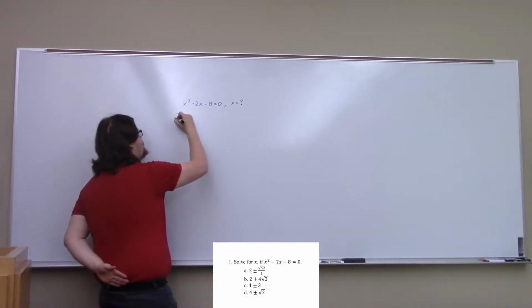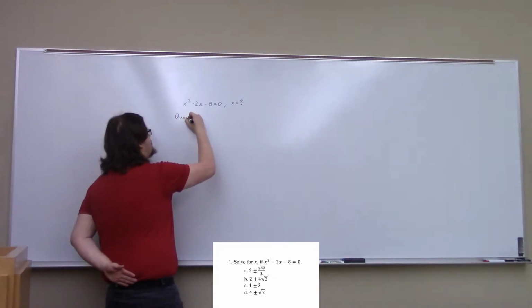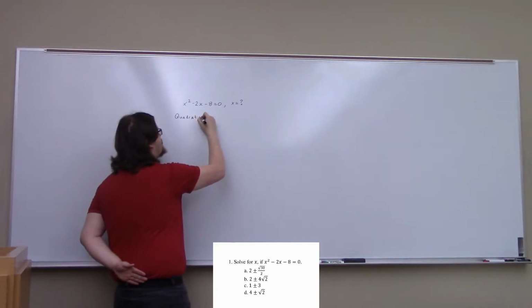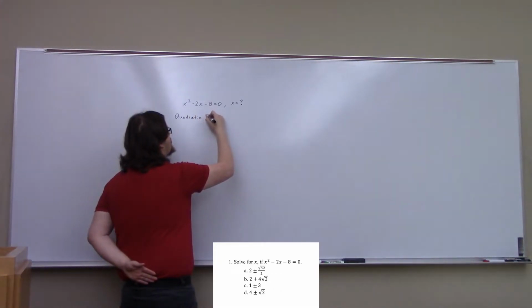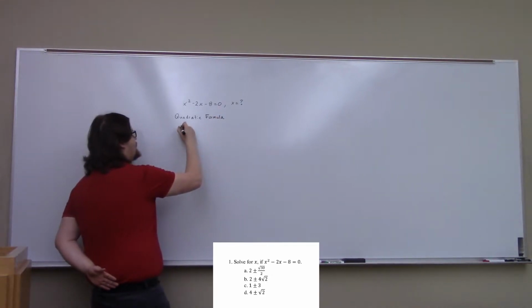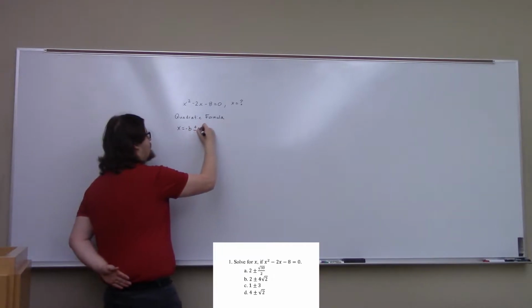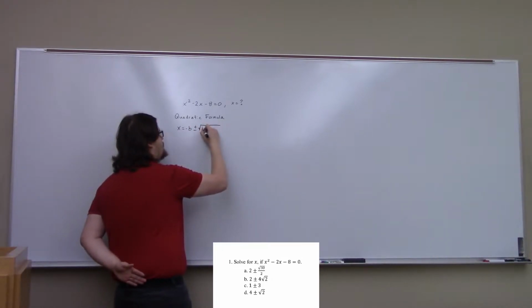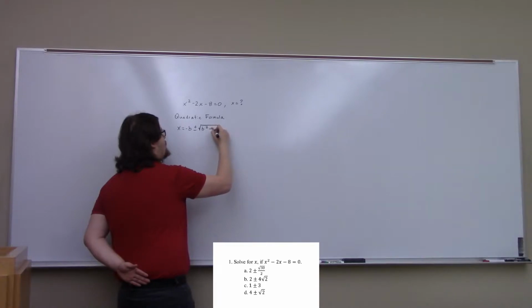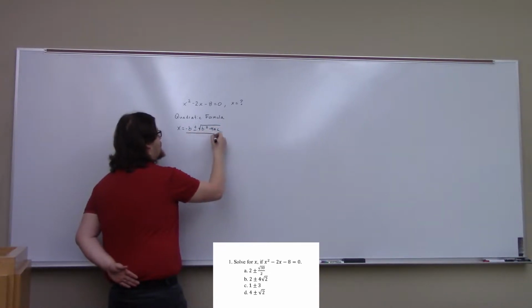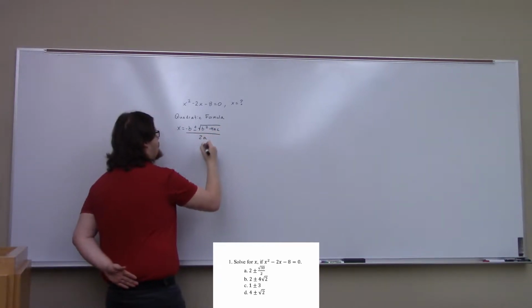So the quadratic formula is given as x is equal to negative b plus or minus the square root of b squared minus 4ac, divided by 2a.